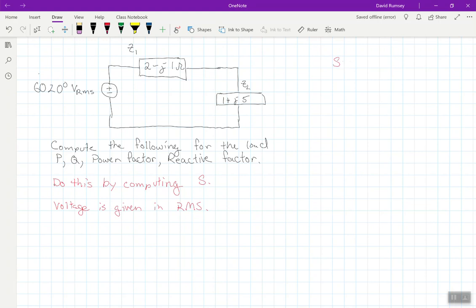We're not going to use S is equal to 1/2 V times I conjugate. We're not going to do that because we're given an effective voltage, which means we use S is equal to V effective times I effective conjugate.